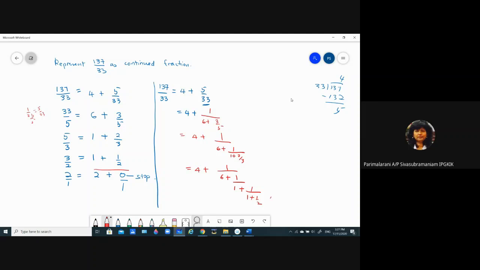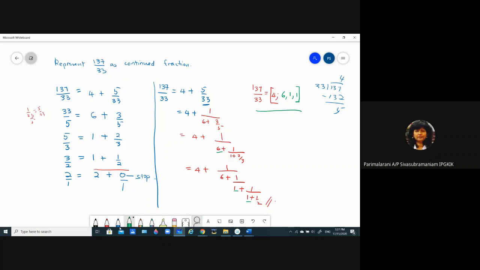Or we can write this as 137 over 33 equals first integer 4, semicolon, and then 6, 1, 1. These are two different ways of writing it. So this is a continued fraction.